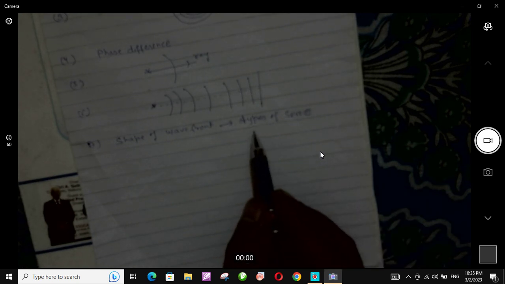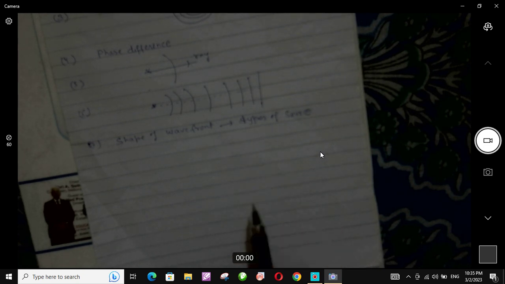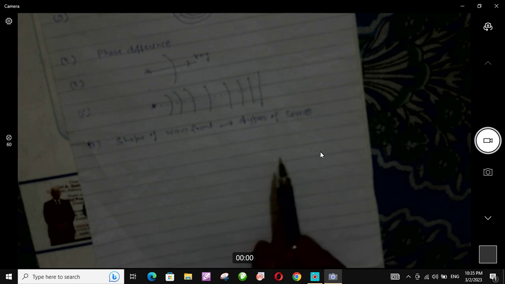As we have already studied, a single point source emits spherical wavefront, a line source makes cylindrical wavefront, and a point source at very large distance makes plane wavefront. So shape of source decides what types of wavefront will be formed.